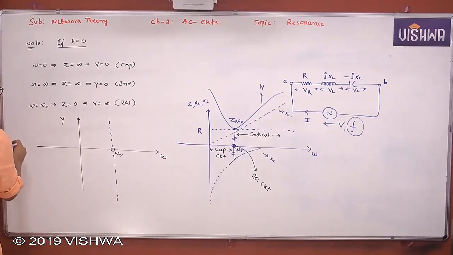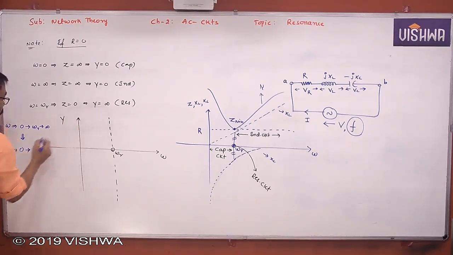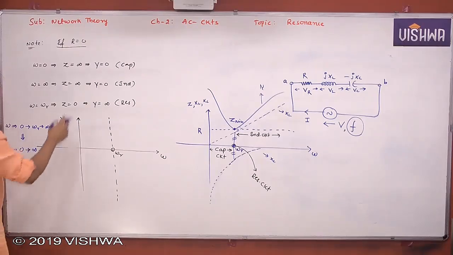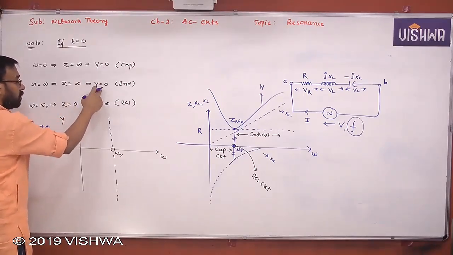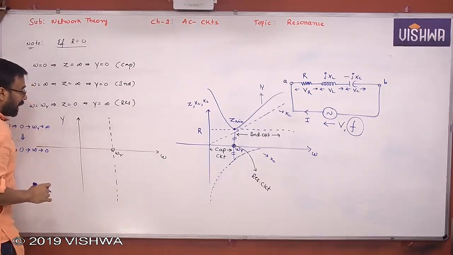That means when omega value varies from 0 to omega R to infinity, the Y value changes from 0 to infinity to 0. Yes or no? 0 to infinity to 0. Yes or no, all of you? Okay. So it starts from 0.